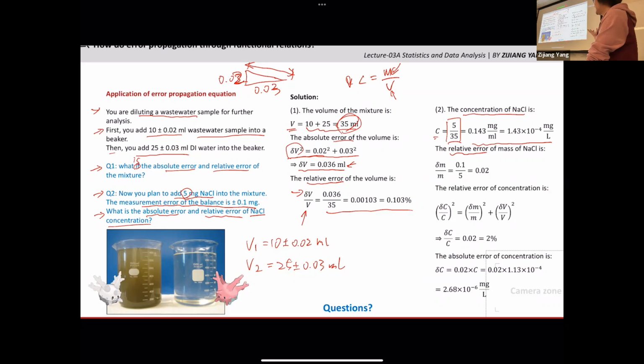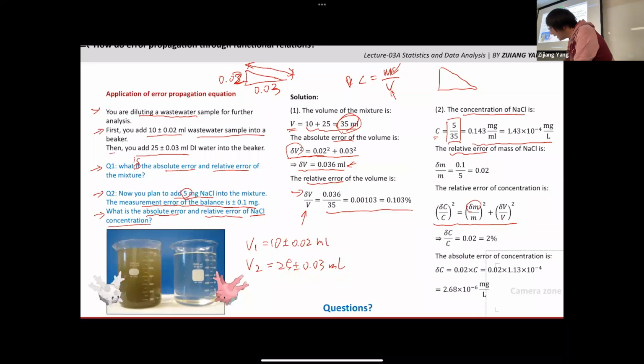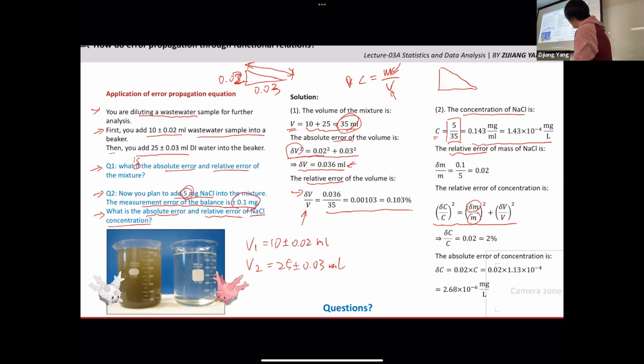Because this is a deviation, we can use the delta relative error formula. In this case, we have this relation. In this equation, delta M is known, M is also known, and the relative error of the volume has been calculated here.